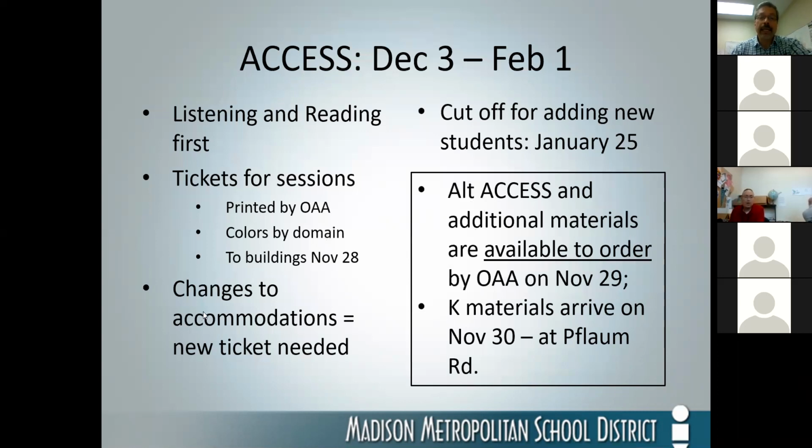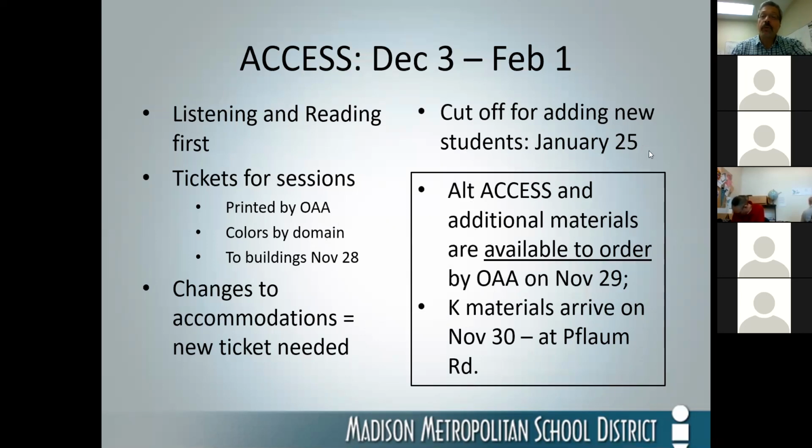Keep in mind, again, any changes to accommodations during or after this point, we'll need to have new tickets. So if a student still does not have the IEP closed by the time tickets are printed, that's fine. Just let us know. We'll need to print a new ticket. You will need to print a new ticket. We'll need to set that up for them.